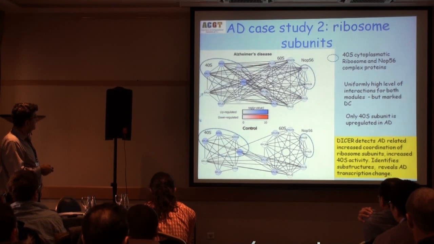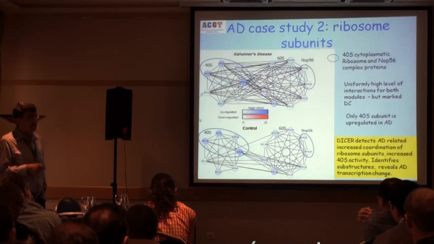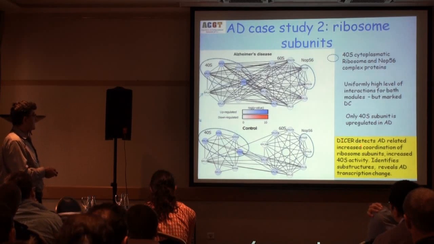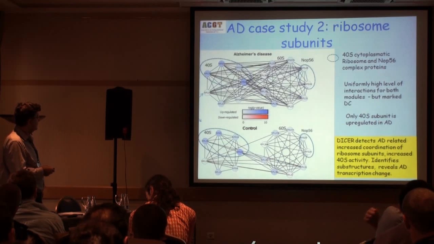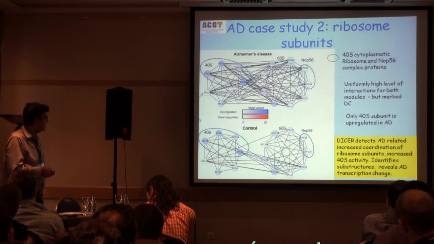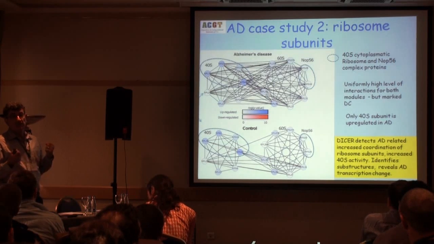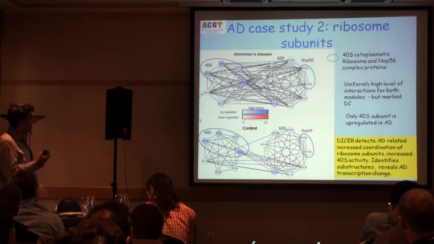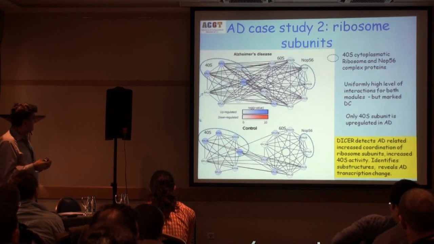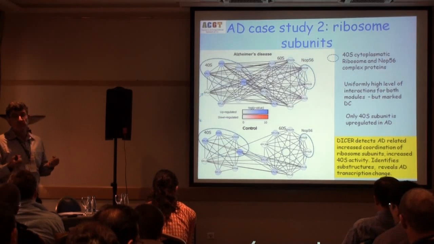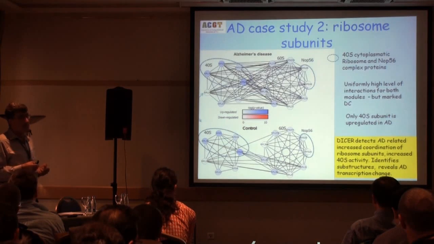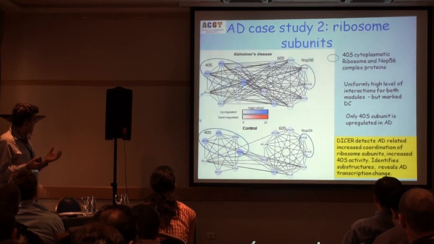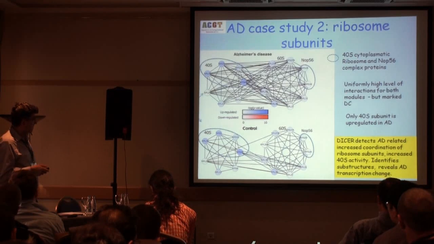So in this and the other example that I didn't have time to show, Dicer detects changes in coordination between 2 subunits of the ribosome that we couldn't detect by just looking at co-expression or by looking at interaction information.